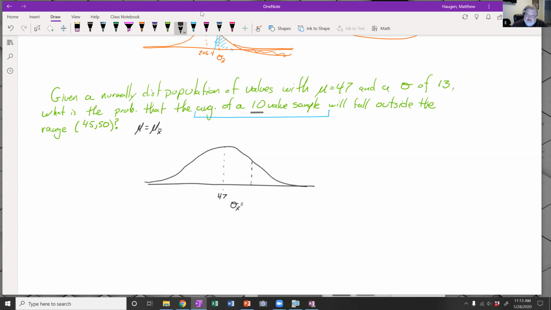It's going to be something else. So I'm going to give you a minute to finish this question off, figure out what you have to do to get your new standard deviation, and how you're going to answer what's within that range. So I'll give you a minute to play with that.